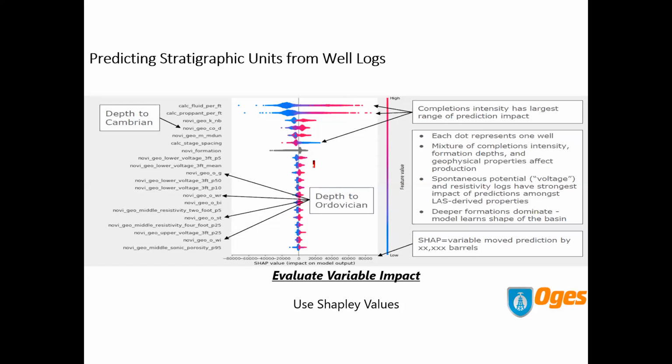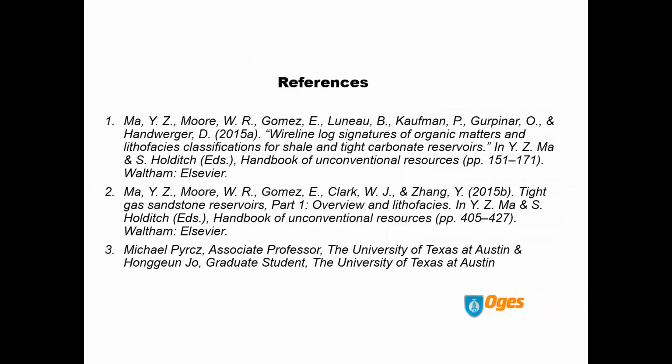Of all the variables you used in this particular model, let's see how, from a game theory perspective, they actually contributed and made an impact on the results that you're trying to interpret. This is a pretty good way of looking at that. Here are some references, but I will share those in the deck at the end.